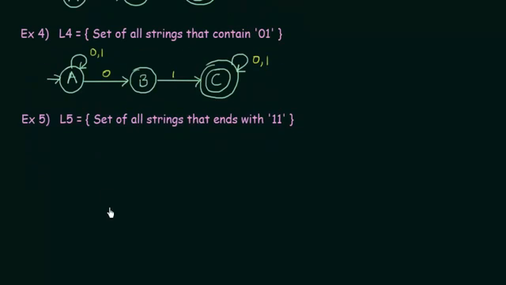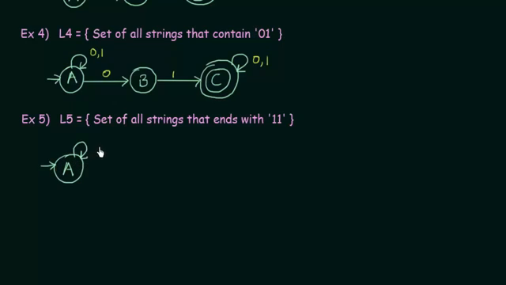Okay, and then the last one that we have here is L5, which is a set of all strings that ends with 1, 1. We have to make sure that it ends with 1, 1. So how do we do this? We start with starting state A, and it does not matter what it starts with.